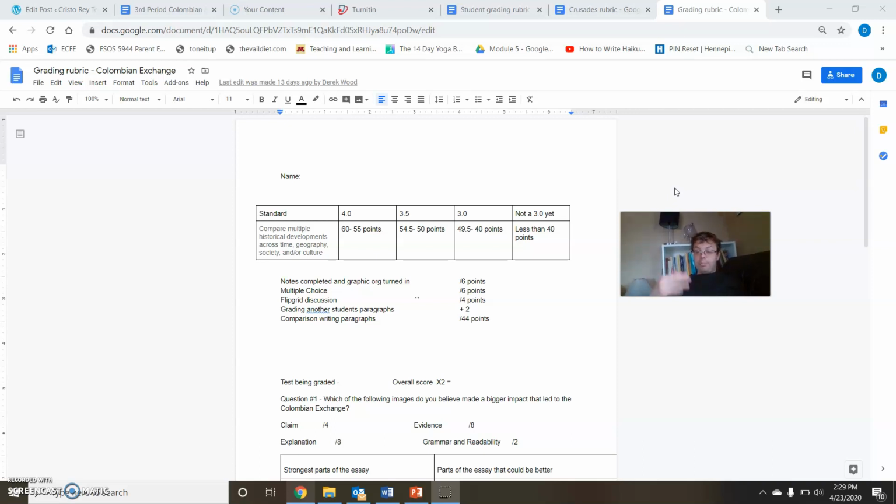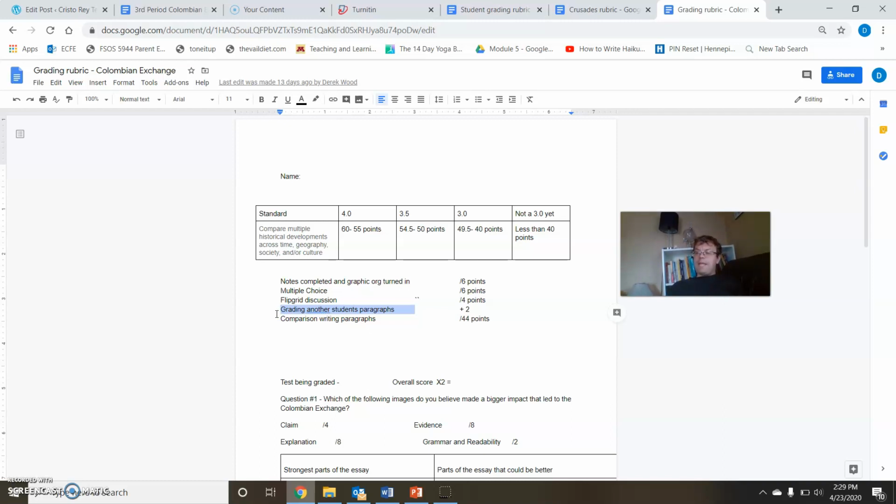So those of you wondering how all of this is going to end up in the grades, this is the comparison standard. And those of you who hadn't passed the comparison standard, I sent you an email earlier saying if you pass this, you passed it for the year. So you get your notes being turned in and doing your graphic organizer. That's worth 6 points. Your multiple choice is worth 6 points. Your Flipgrid is worth 4 points. That is 16 points right there. That's a pretty considerable part of your grade. And lastly, if you grade someone else's paragraphs and turn them in on Turnitin.com, that's a +2.